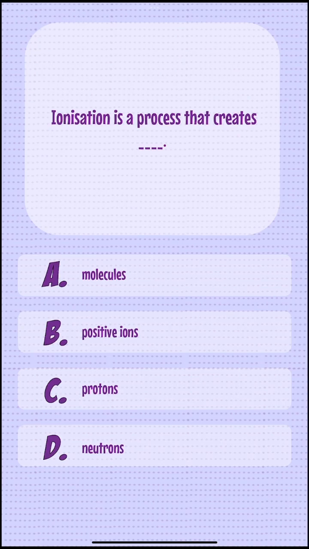And yes, the answer: ionization is a process that creates, okay, so this technically in chemistry could be any ion. It doesn't have to be positive ions. Ionization can be positive or negative ions in chemistry because it can lose or gain electrons, right? If it loses electrons, it becomes positive. If it gains electrons, it becomes negative.